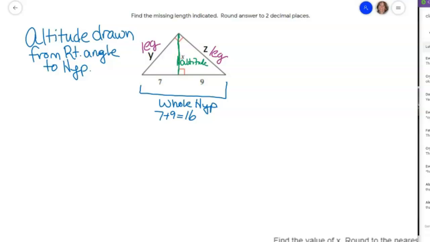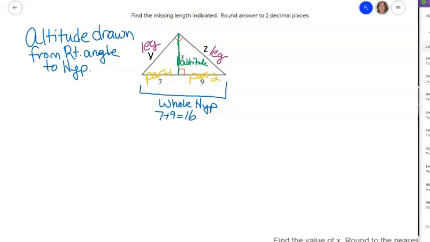Now, what my altitude does when it drops from my right angle down to my hypotenuse is cut my hypotenuse into proportional parts. So we end up with a part 1 and a part 2 of my hypotenuse. All of these are going to be proportional.